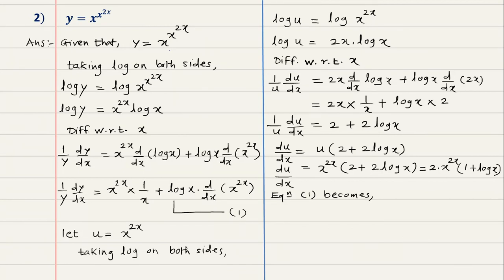1 upon y dy by dx is equal to x raised to 2x upon x, the first term here, plus log x into the derivative of x raised to 2x, which can be written as 2 into x raised to 2x into bracket 1 plus log x.